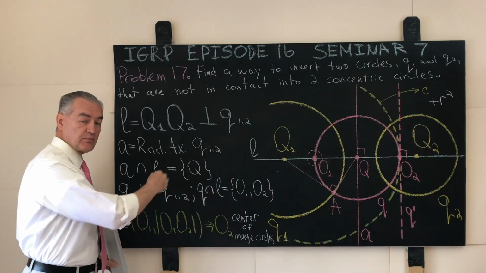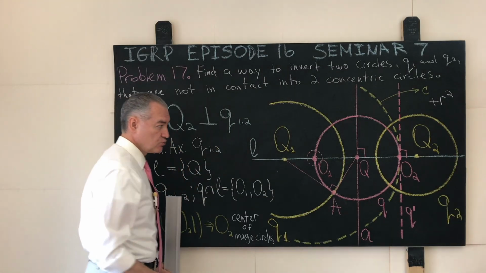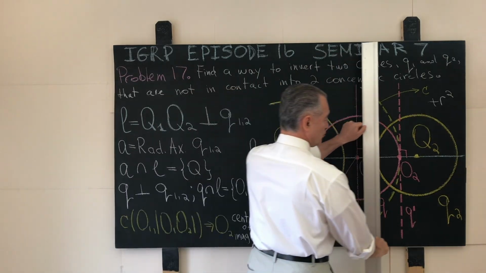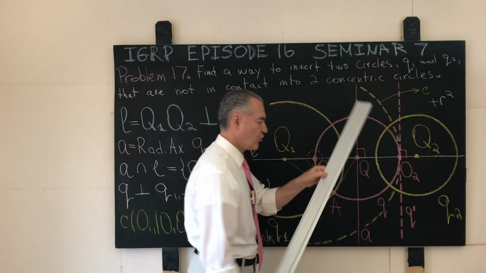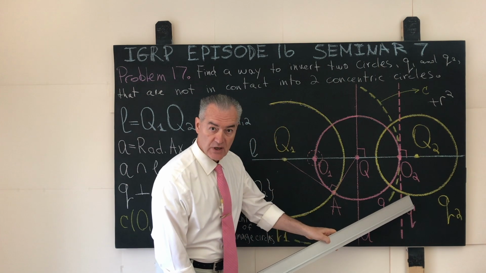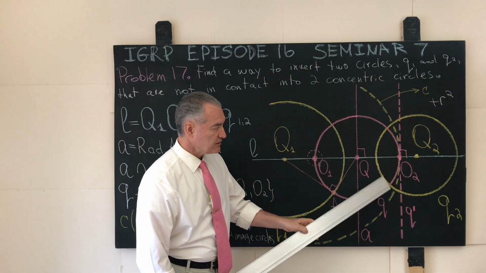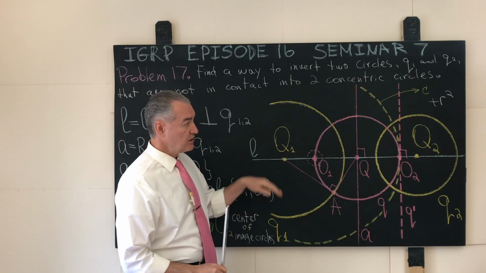Under the inversion of the parent plane with respect to the circle C with positive power, one inversion will take this circle Q where? It will take this circle Q into this straight line, to which I referred as Q prime. That straight line will be orthogonal to the straight line of centers L. Why is that?